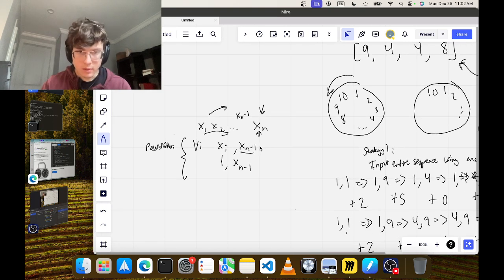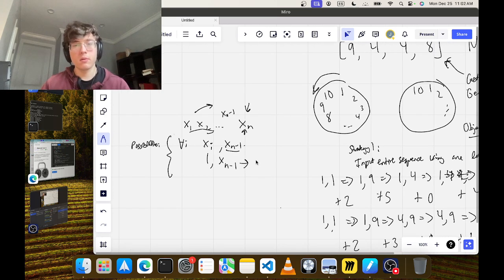Now, how many movements does this require? For the one where you kept a lock at 1, this requires moving 1 to x1, to x2, dot dot dot, to xn minus 1, and finally to xn.